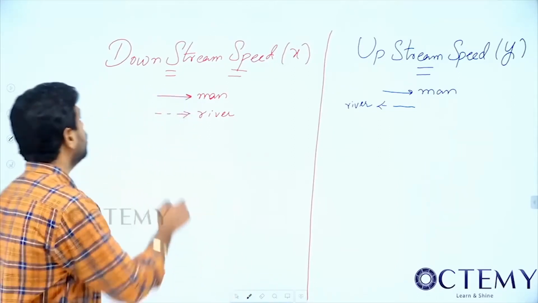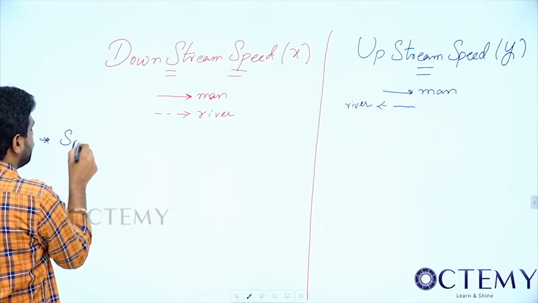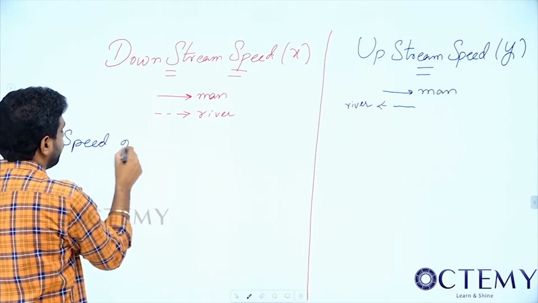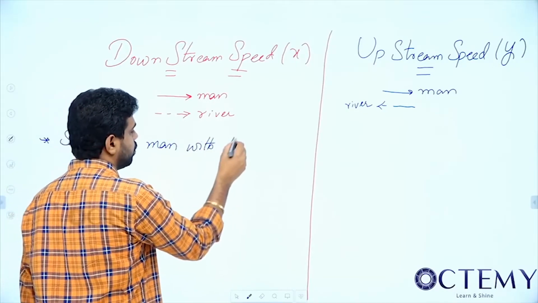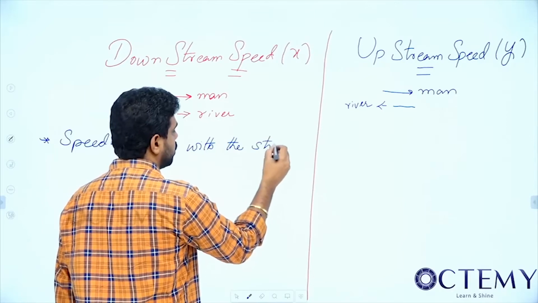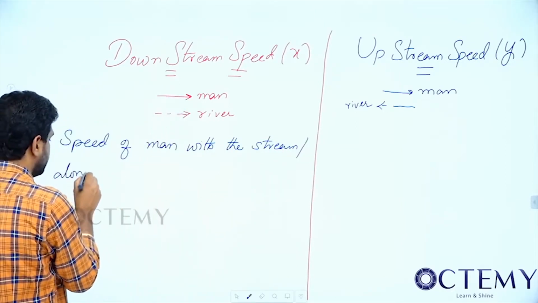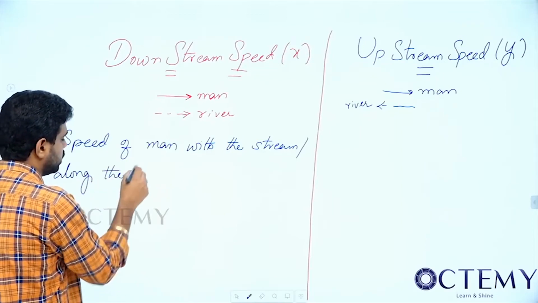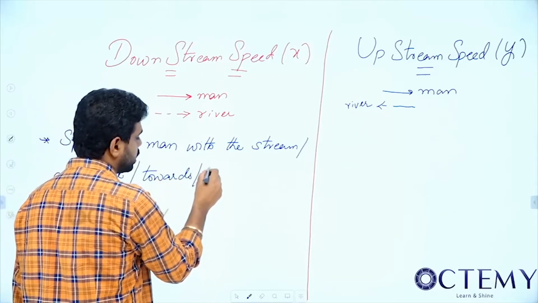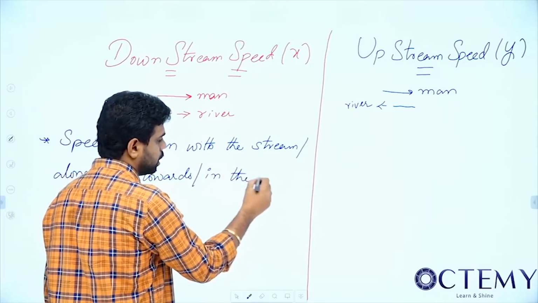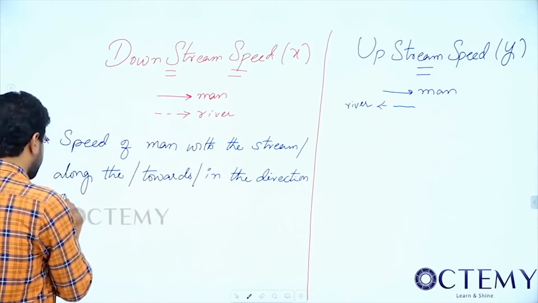Okay. So now coming to this downstream case, he'll be giving like this: speed of man with the stream, or along the stream, towards the stream, in the direction of stream.